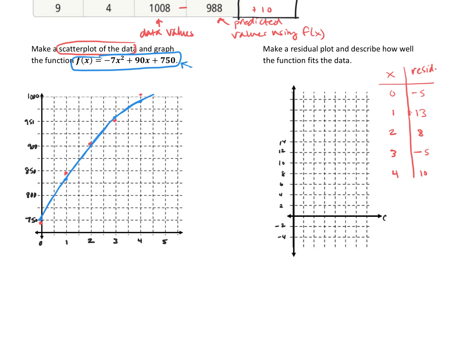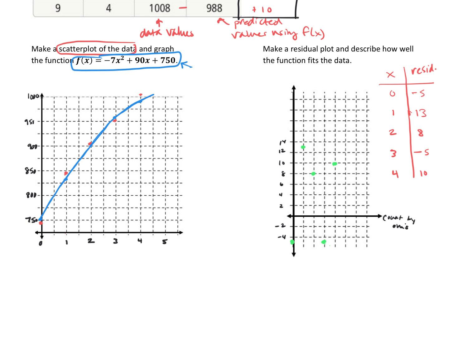So I'll just make a note, count by 1's, because it's going to be kind of a pain to write those in. All right, so let's plot these points. 0, -5 is right here. When our x was a 1, our residual was a +13, which is up here. When x was a 2, the residual was 8. When x is a 3, the residual was -5. And when x is a 4, our residual was 10.